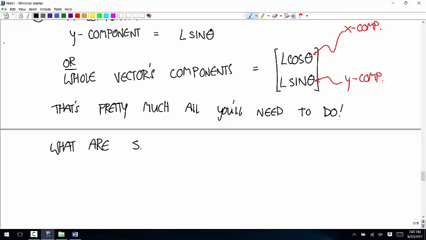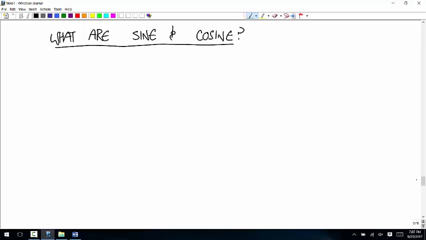But what are sine and cosine? The easiest way to picture what sine and cosine are is to draw the coordinate system, and draw a circle with its center at the origin with a radius of 1.